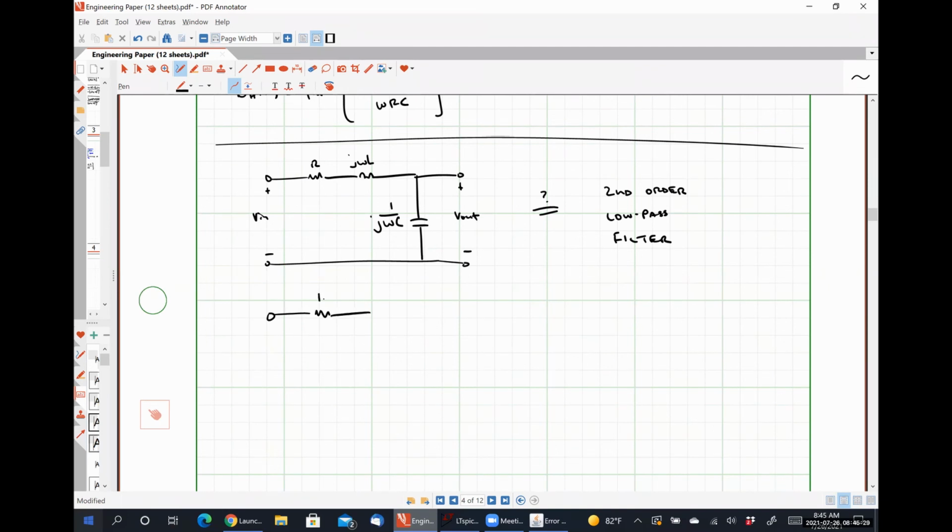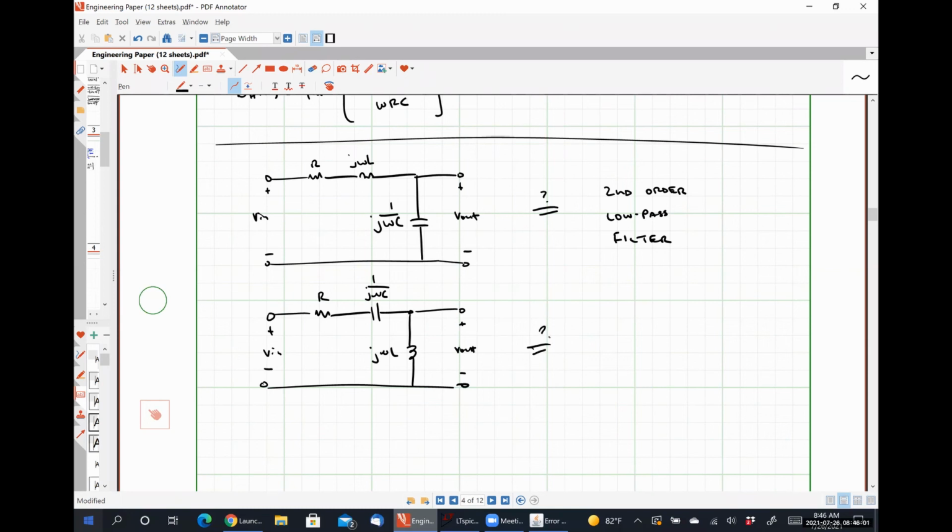If we go the opposite route, resistor here, capacitor here, sorry, that should be inductor. In. Here's V out.